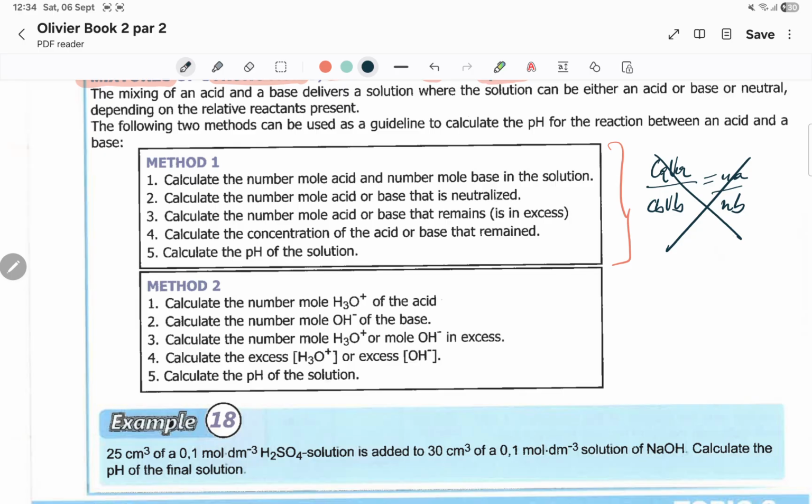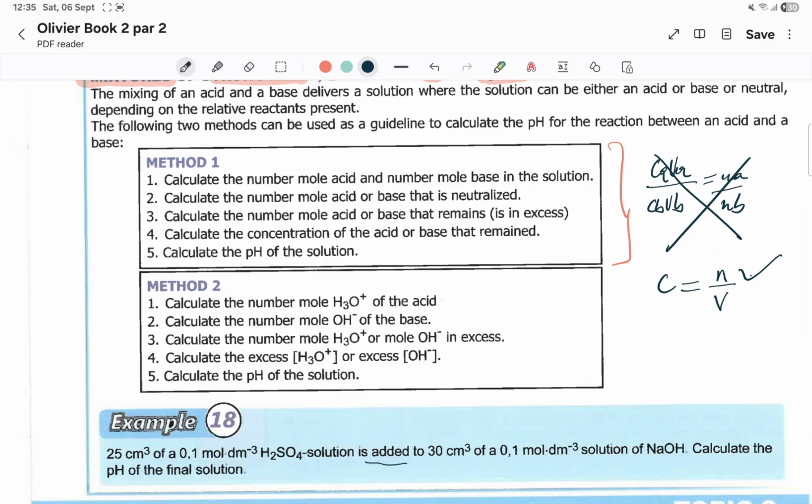This one is out. It is added. We are not going to use this one, but we will rather use concentration and number of moles. So this is going to be the formula that will be used throughout the calculations, not that one.